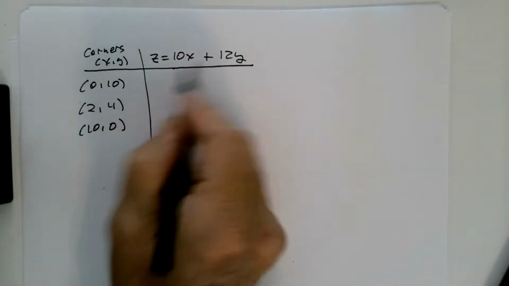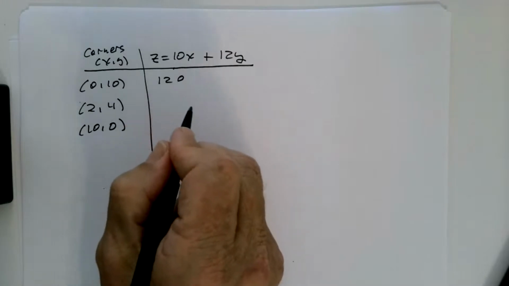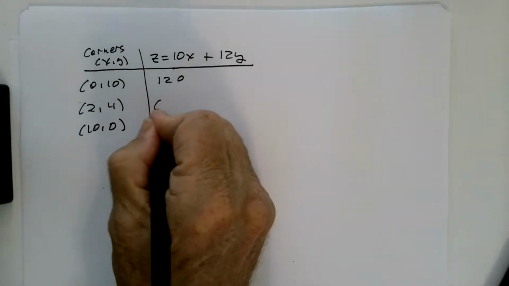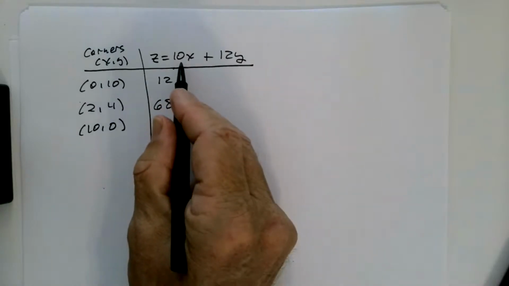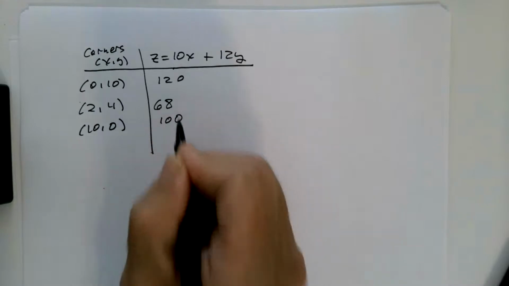So let's see, 10 times 0 plus 12 times 10 looks like it's 120. 10 times 2 plus 12 times 4 is 68. And then 10 times 10 plus 12 times 0 would be 100.